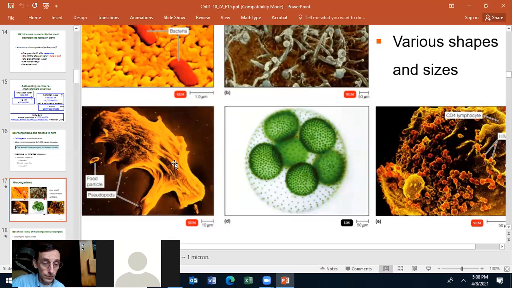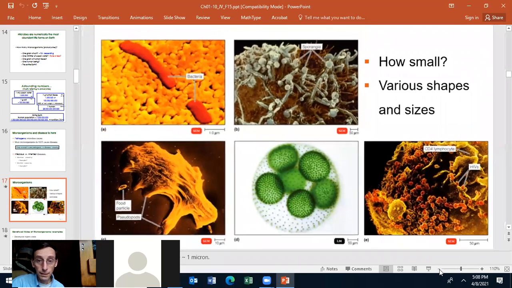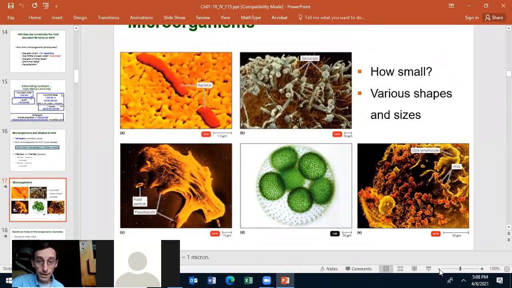There's actually a cell. It might be a white blood cell, a phagocytic cell, and one of the larger cells, and then there's some mold here. The important part is that microbes come in various shapes and sizes.